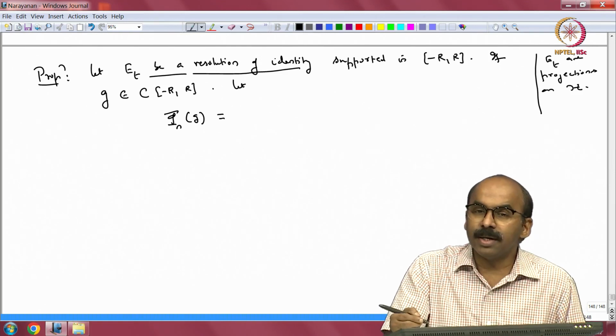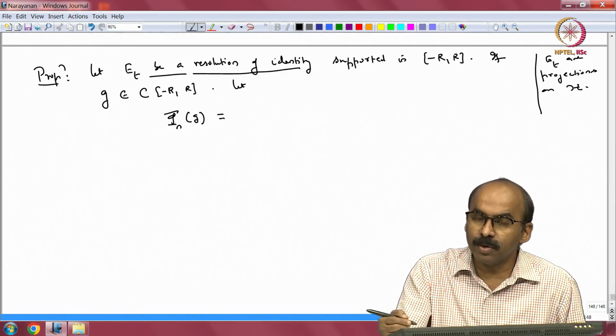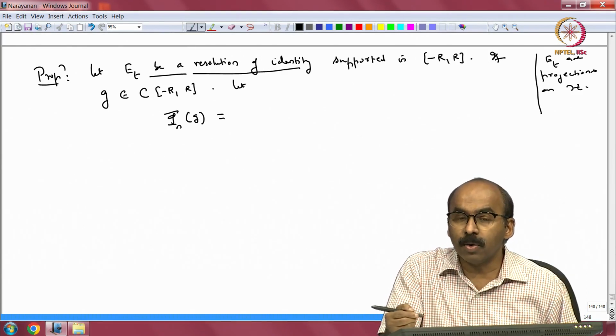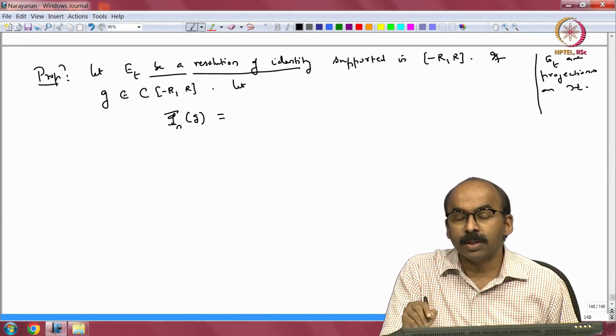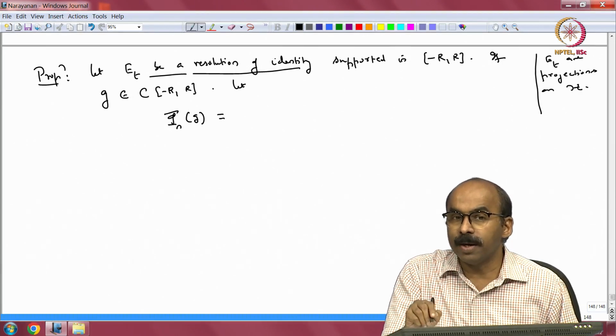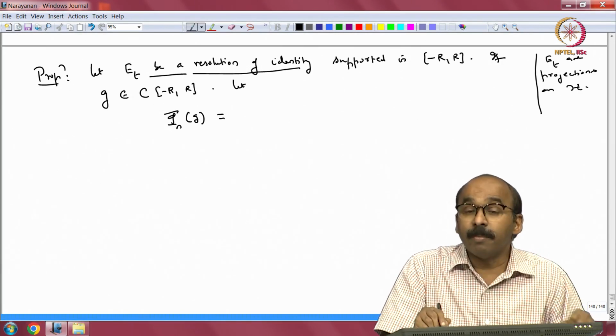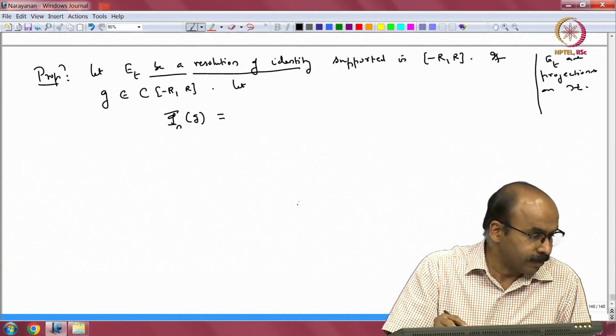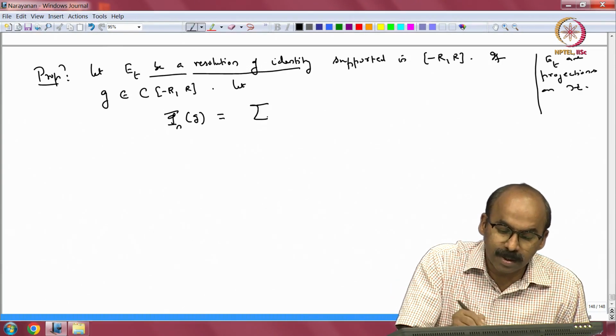So, here we will do it in a systematic way, decompose the interval into intervals of length 1 by 2 to the n. So, minus r to r will be divided into smaller intervals of length 1 by 2 to the n. So, the n stands for that.